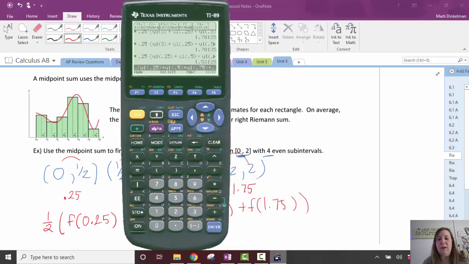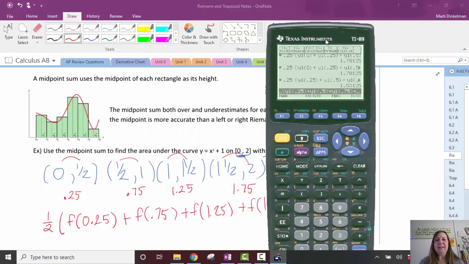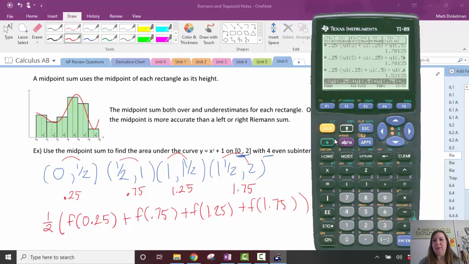So we'll go to our calculator again. And like I said, the trick I like to use so I don't have to keep plugging that in is to go ahead and change my y equals maybe. So this is x squared plus 1. And then let me go back to my home screen.